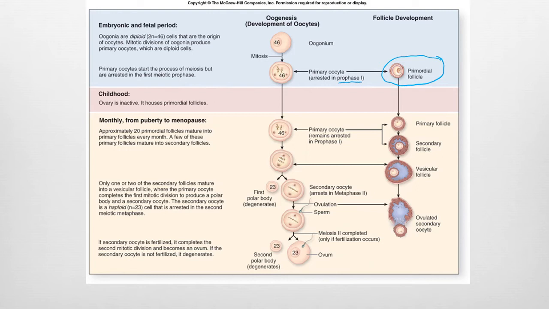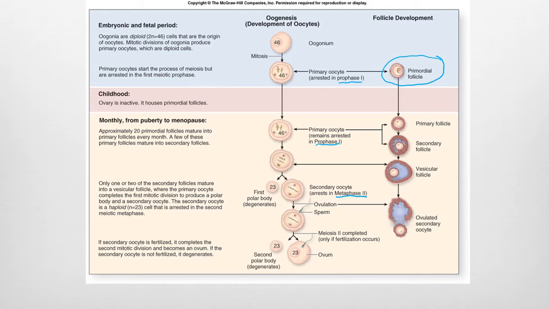So then once puberty occurs, we're going to take one single oocyte, and that one single oocyte is going to continue on from prophase 1. It's going to continue through the first set of divisions, and it's then going to be stuck again at metaphase 2.